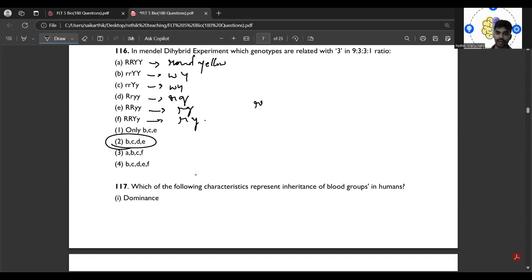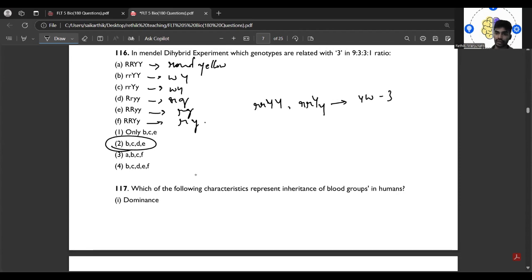So as a result, you will see this: RR capital Y capital Y, R capital Y small y. So that is how much? Yellow wrinkle, 3 is there. Then capital R, small y, capital R, small y. So that is how much you will see.